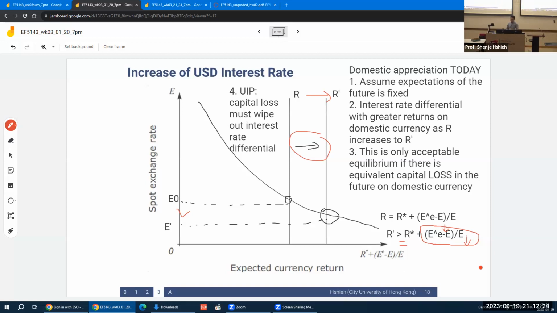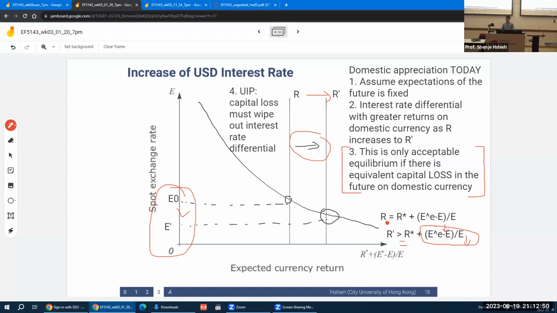So let me say that again, okay? The thing to notice that may confuse you is that you observe a domestic currency appreciation today, but at the same time, you have to get future capital loss in the future, right?